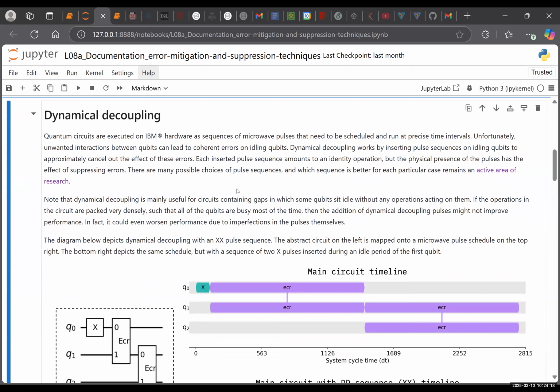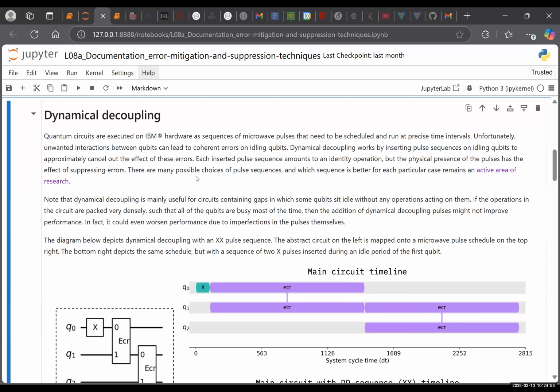So the idea would be to apply to the idling qubit some pulses that can cancel the effect of some of these errors. Not all, but approximately. It says each inserted pulse sequence amounts to an identity operation. So eventually, in terms of gates, these should cancel out to identity. But the physical presence of the pulses has the effect of suppressing error.